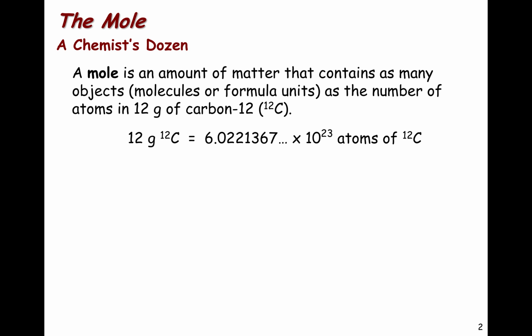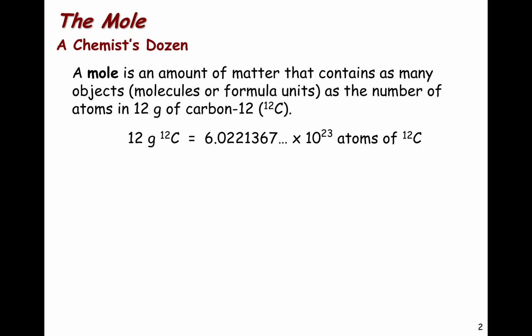The mole is essentially similar to the idea of a chemist's dozen. A mole is Avogadro's number of some particular object. In this case, it represents 6.02 times 10 to the 23rd.